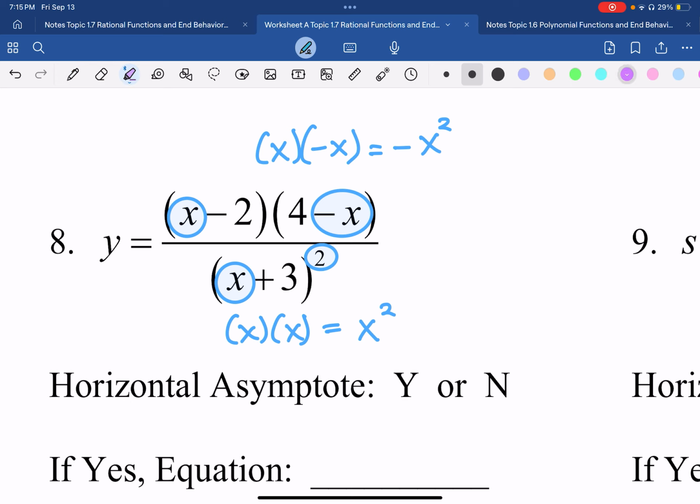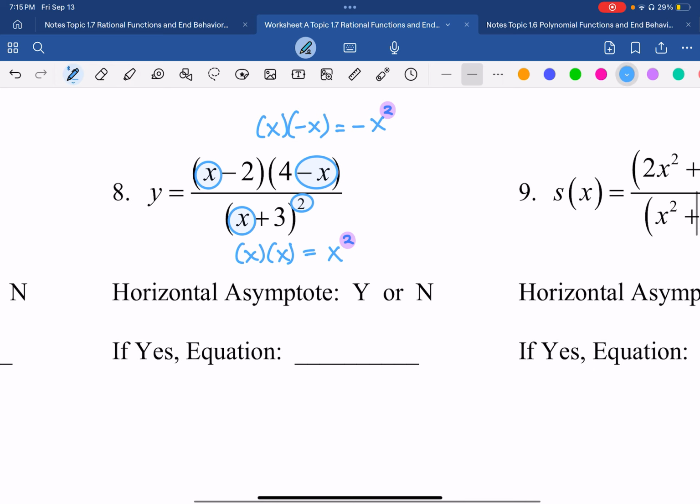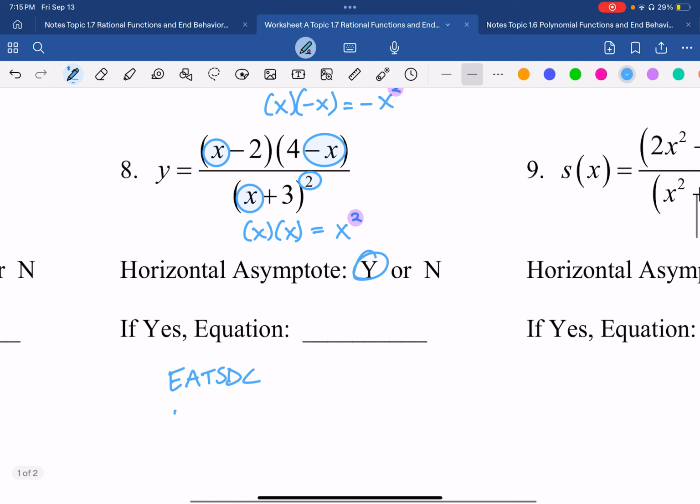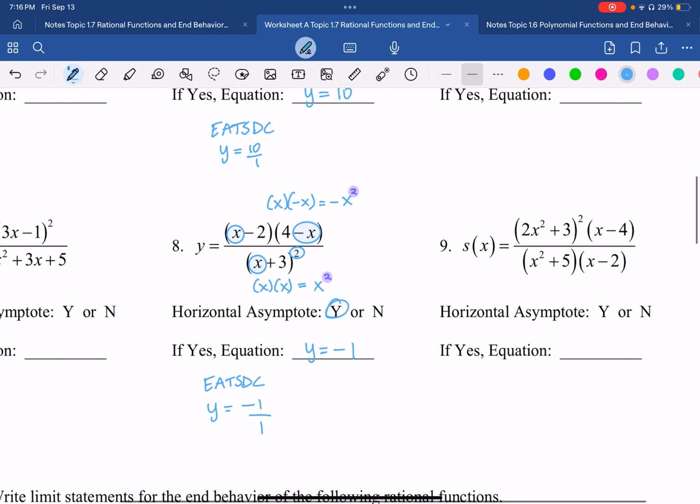My degrees are both 2, so I know that this is going to be each DC, which means that yes, there is a horizontal asymptote, and the equation would be the division of the coefficients. The numerator had a coefficient of -1, the denominator had a coefficient of +1, so that reduces to y equals -1.